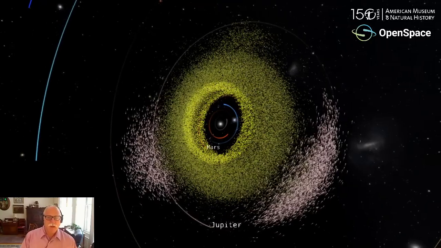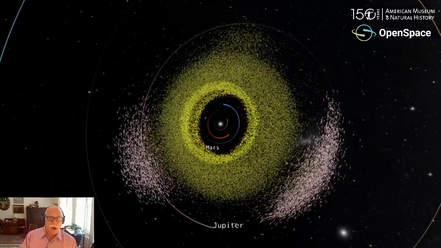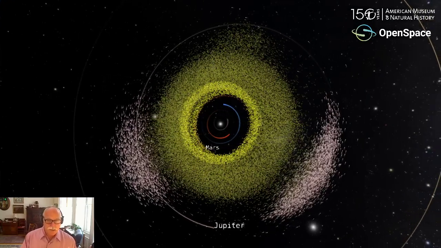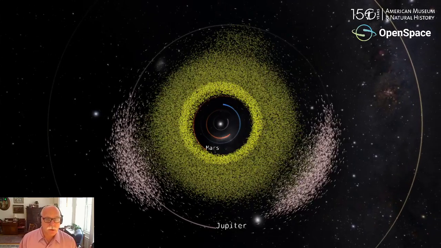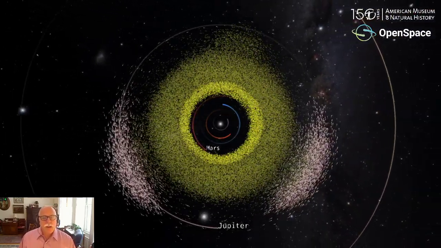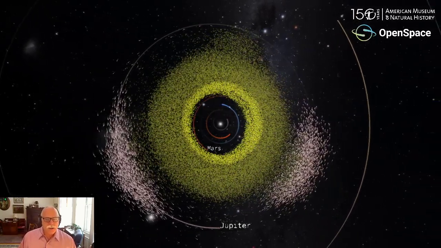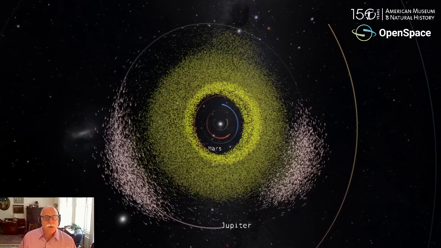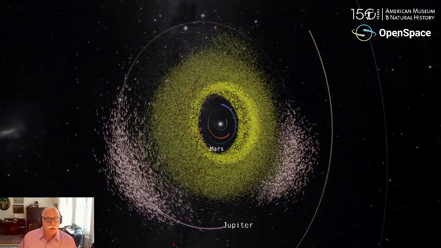And those are stable places which a man named Lagrange predicted there would be stuff there in 1774. That's the time of the Revolutionary War, the founding of the US. And it was only in 1906, more than 100 years later, that we actually discovered the first of these class of asteroids, the Trojan asteroids.